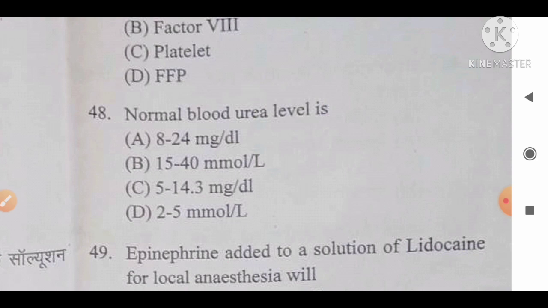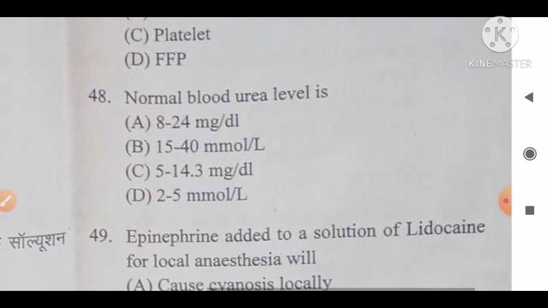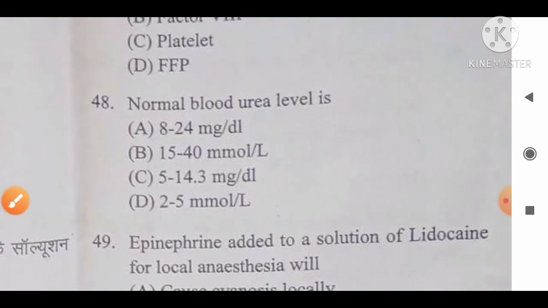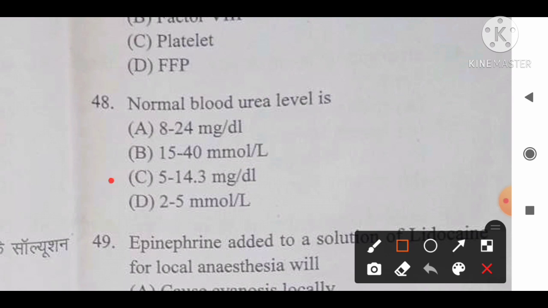We have to convert this milligram per deciliter into millimole per liter. The answer is 2.5 to 6.5 millimoles per liter is the normal range for blood urea in millimoles per liter. So as per the information, we can say option D 2 to 5 millimoles per liter will be the correct answer for this question.